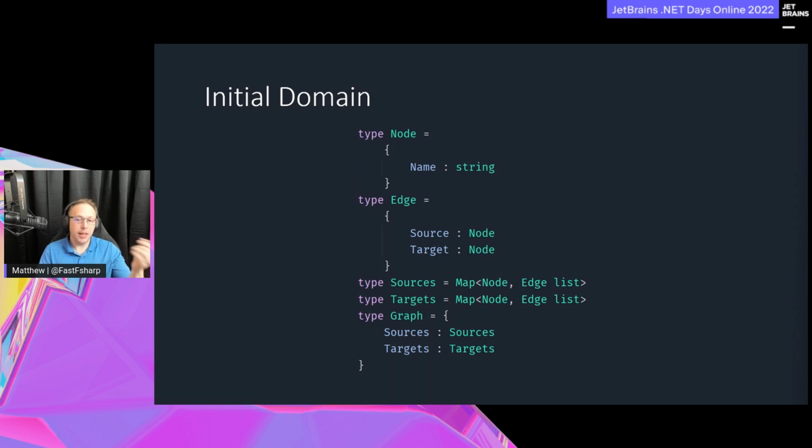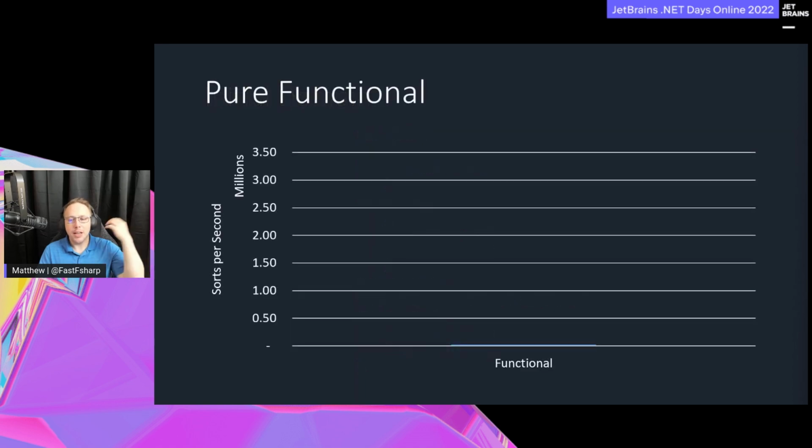This is my domain. And when I do a naive implementation of Kahn's algorithm, I'm going to get this result. You might not see anything there on the bottom, but believe it or not, there is a tiny blue sliver. Let me explain this chart real quick. On the vertical axis, we have the throughput. So how many sorts per second are we performing using this algorithm?